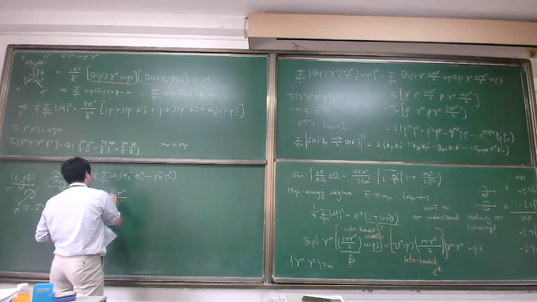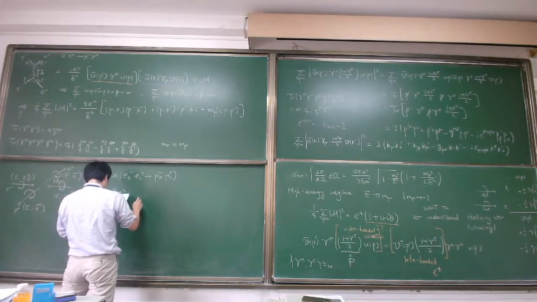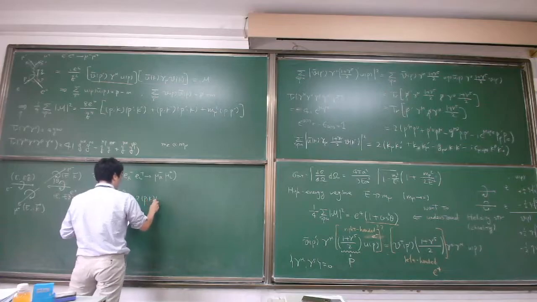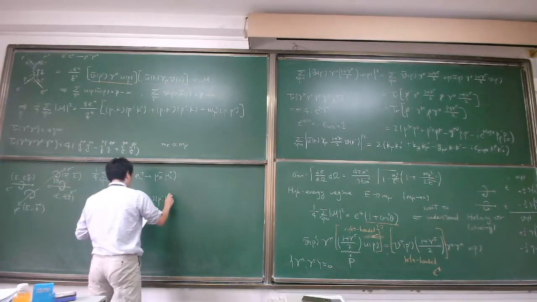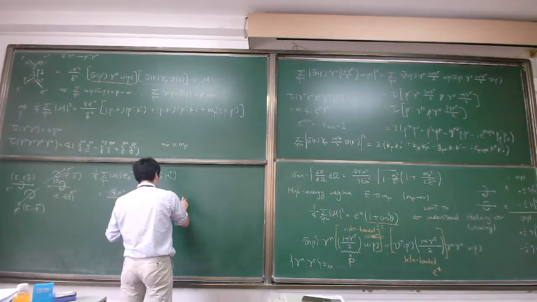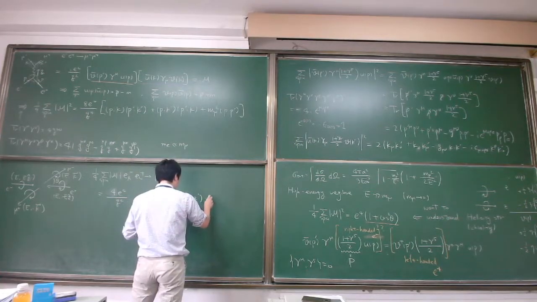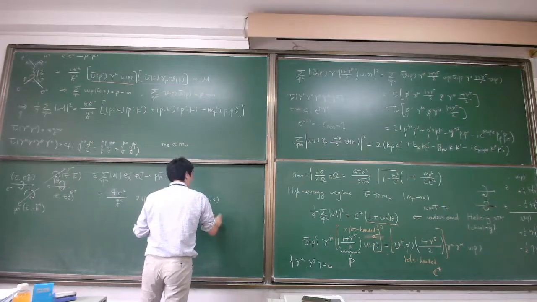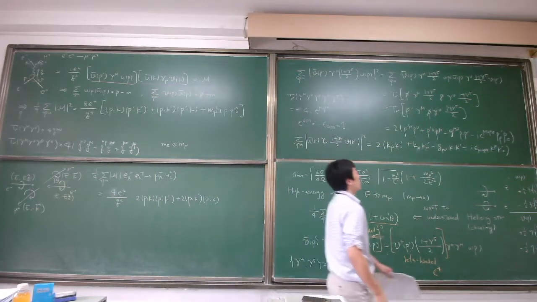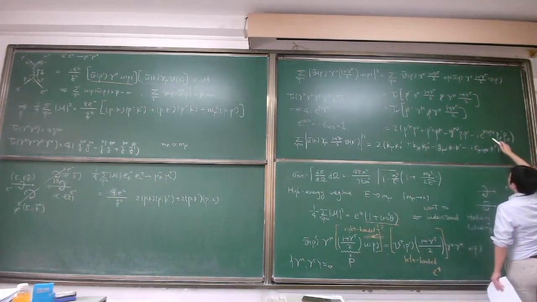Okay, let me do the following thing. 2 p dot k plus 2 p dot k prime. And so you have to be careful when you contract these two guys.